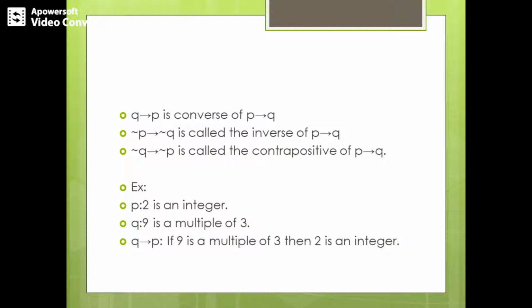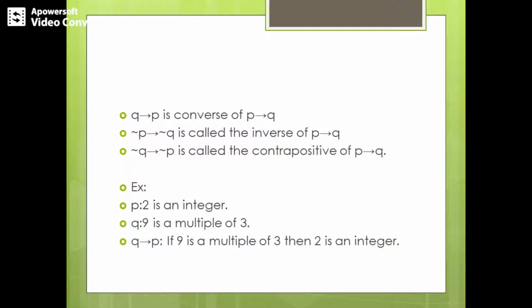What will be the converse of this conditional? The converse is Q implies P: if 9 is a multiple of 3, then 2 is an integer. The inverse is negation P implies negation Q: if 2 is not an integer, then 9 is not a multiple of 3.